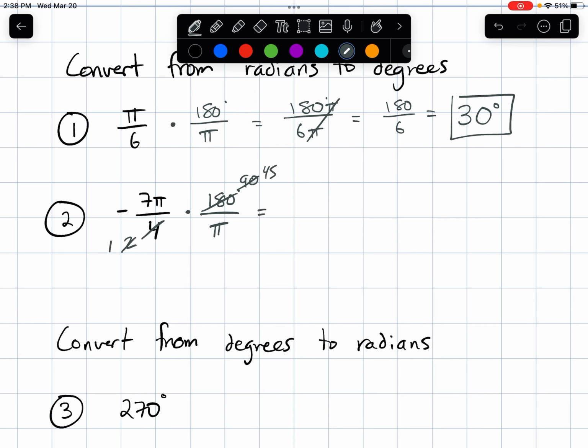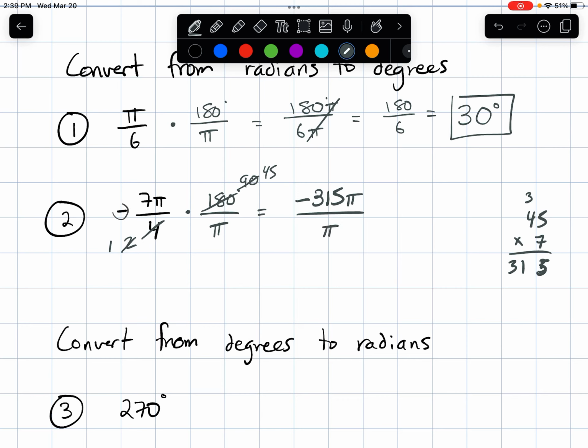So now I've got 7 times 45, and if you're not sure, you can still do it the long way, that's fine. 45 times 7, 5 times 7 is 35, carry the 3, and we get 315. So I have a negative 315 pi on top over 1 pi on the bottom.